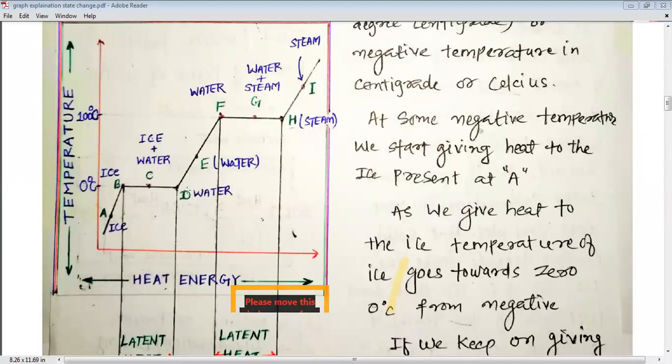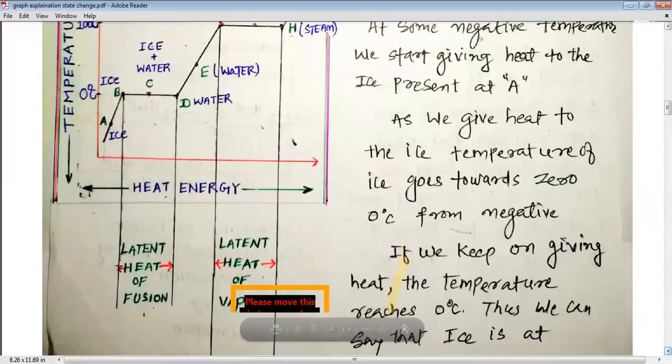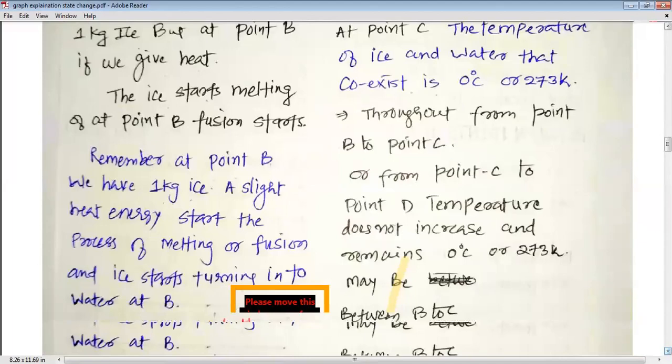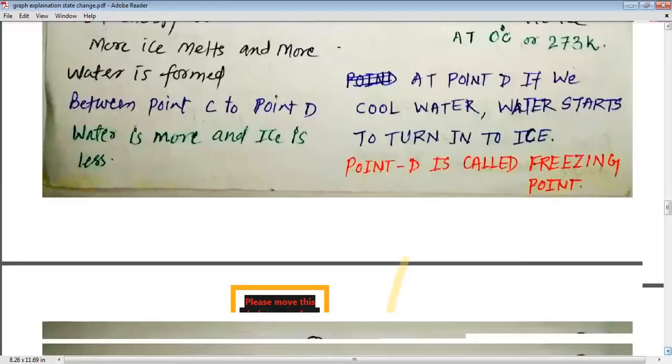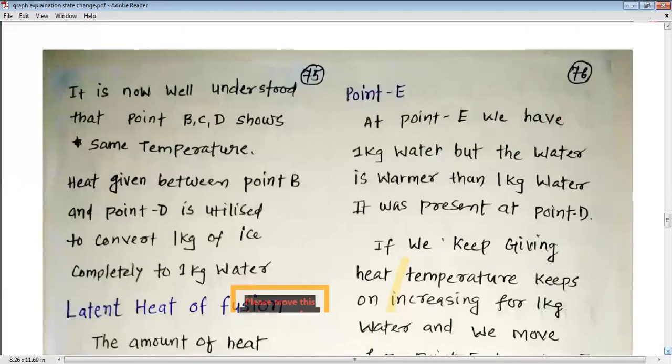This point D is called the freezing point of water. This is how we differentiate and understand the melting point and freezing point separately. B is the melting point, whereas D is the freezing point.